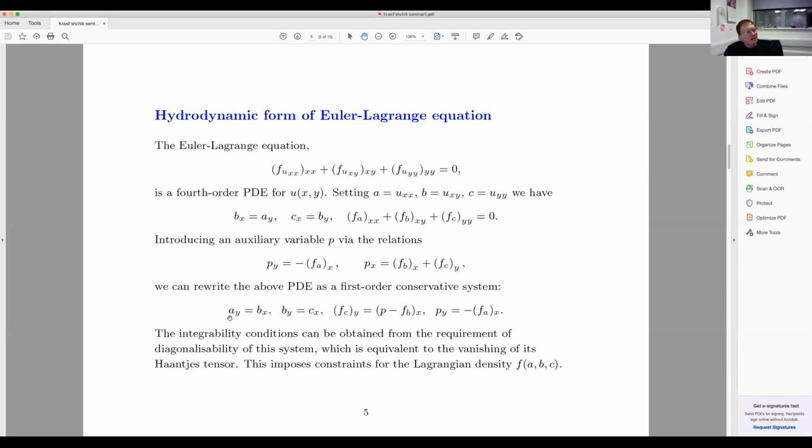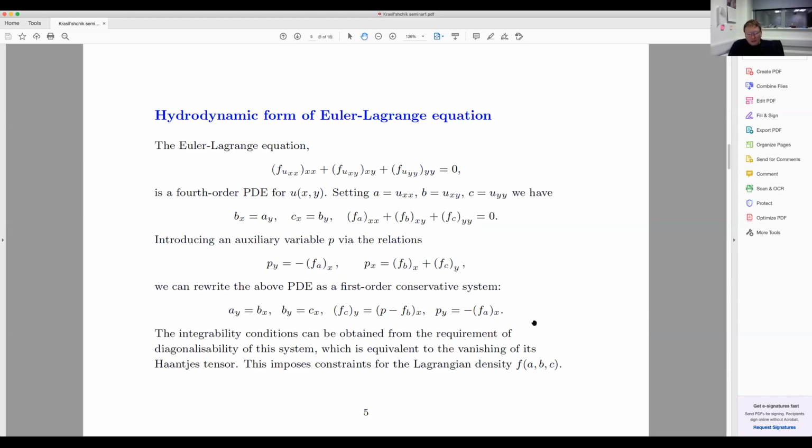When you check that a form defines a Poisson structure, you calculate the Schouten bracket. Same for hydrodynamic type systems: to check diagonalizability, you calculate the Haantjes tensor. It's quite a complicated expression, but it can be easily done by computer. So this has been done.